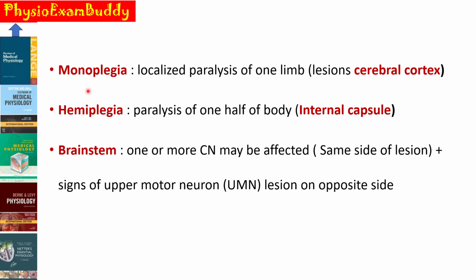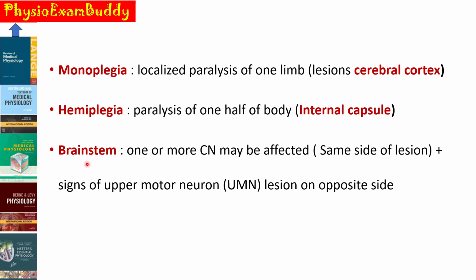And you should also know these three terms. Monoplegia means only one limb gets paralyzed, that is localized paralysis of only one limb, and this is usually seen in lesions of the cerebral cortex. Whereas hemiplegia, which you mostly get in case of internal capsule lesions, here the paralysis occurs in one half of the body.